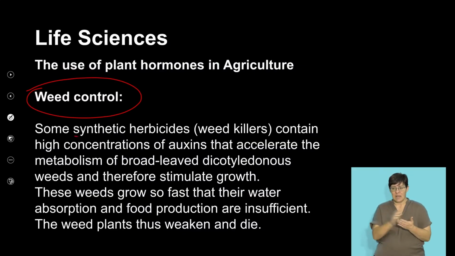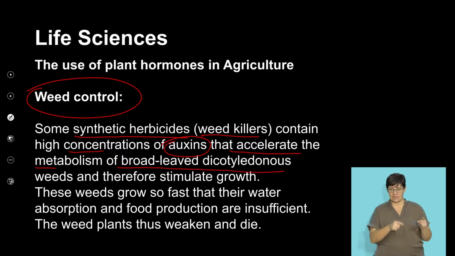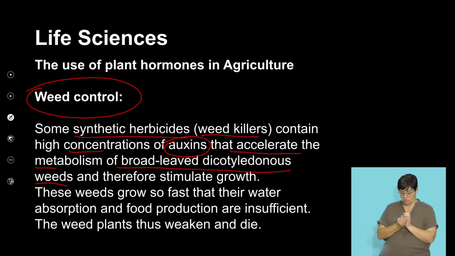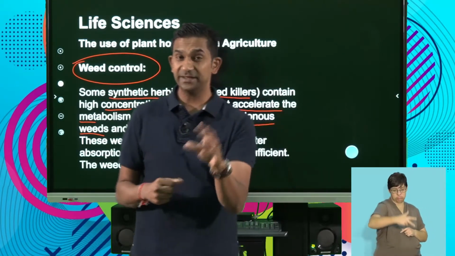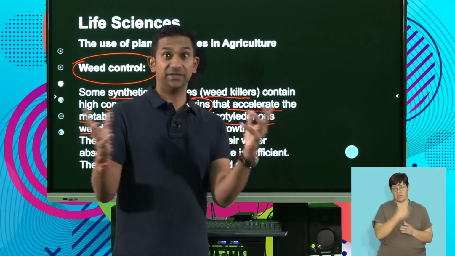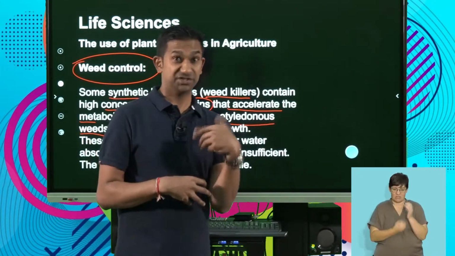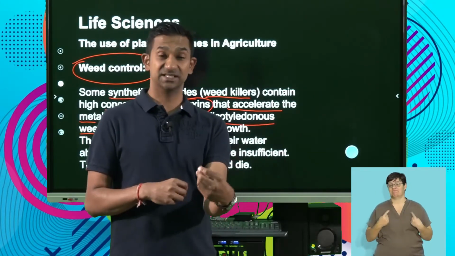So some synthetic herbicides, so weed killers, contain a high concentration of auxins. And amazingly, these auxins will accelerate the metabolism of these broadleaf dicotyledonous weeds. And so these plants that grow are often dicot plants that grow between our maize plants. And so being able to spray these auxins will stimulate their growth to a point that they grow extremely fast, unable to sustain their growth.